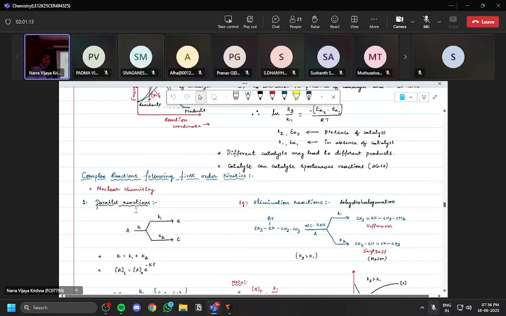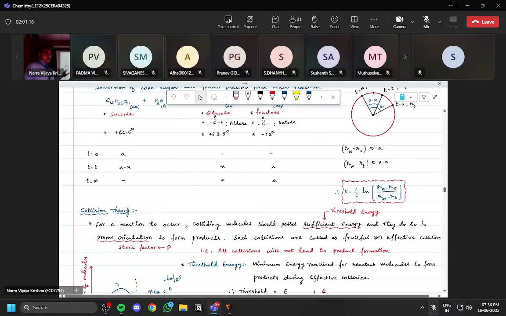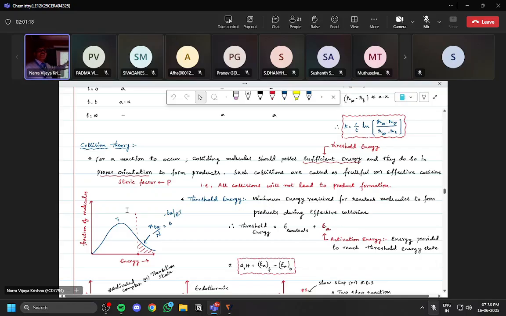Here. This is done or not? See this collision theory now?